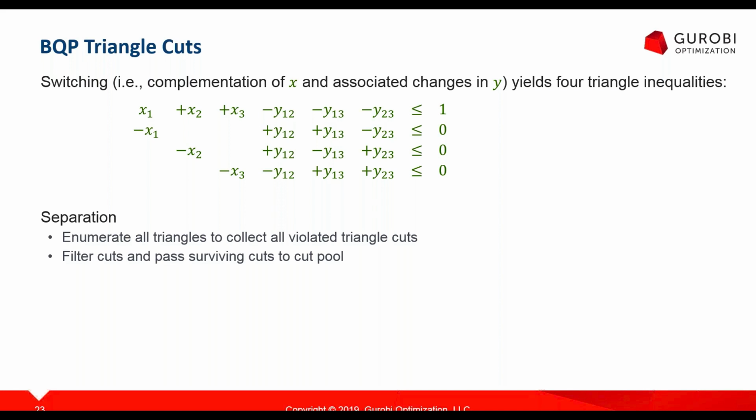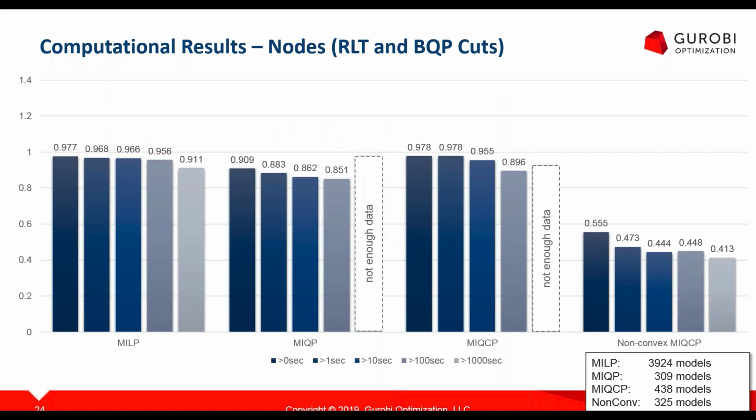Okay, so doing this, adding these RLT cut separation and the BQP cut separation on top of this detection of the product relations, then we see here this behavior of the solver in terms of number of search tree nodes. So you see here that by adding these cutting planes, the number of search tree nodes goes down, by like 3, 4, 5%.